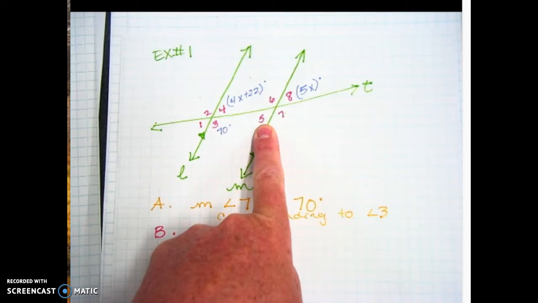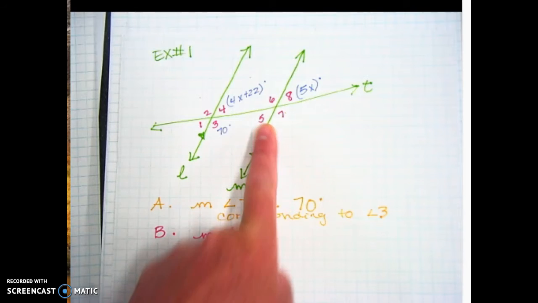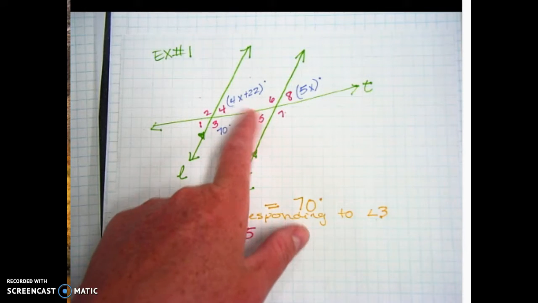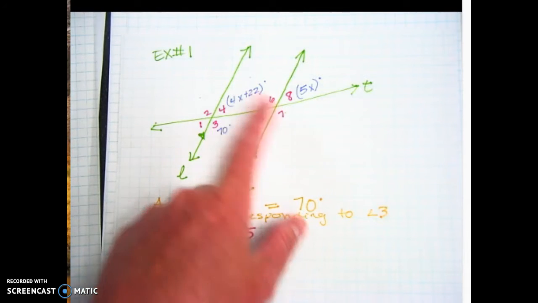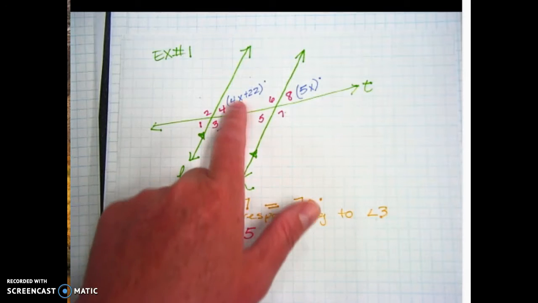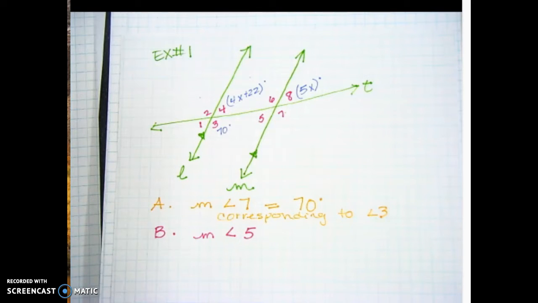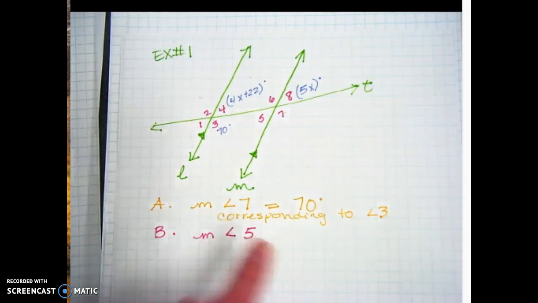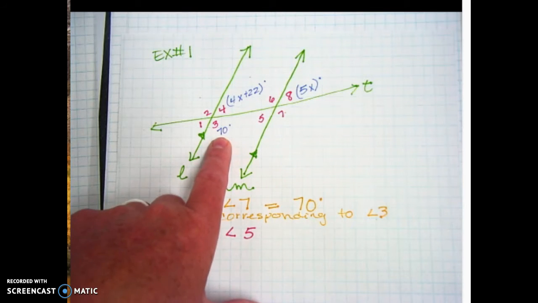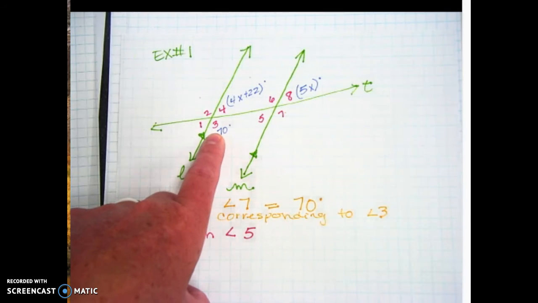Anybody see anything that could be in relationship to it? Yes? 4x plus 22. Alternating interior angles. Okay, yes, we could say that it's 4x plus 22, but that doesn't help. I mean, that would sort of help if we knew one more measure. What about the one we just used, the 70?